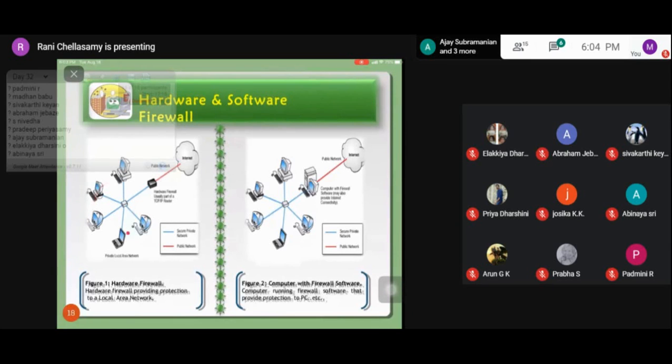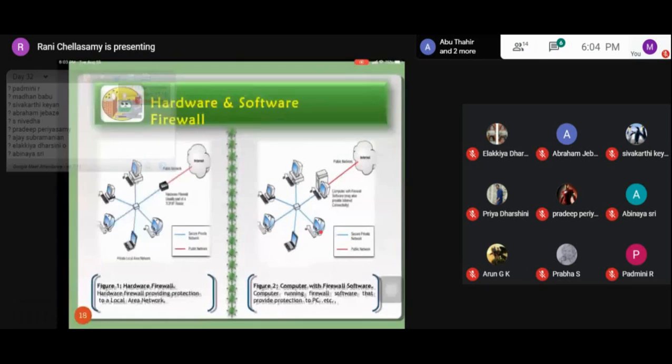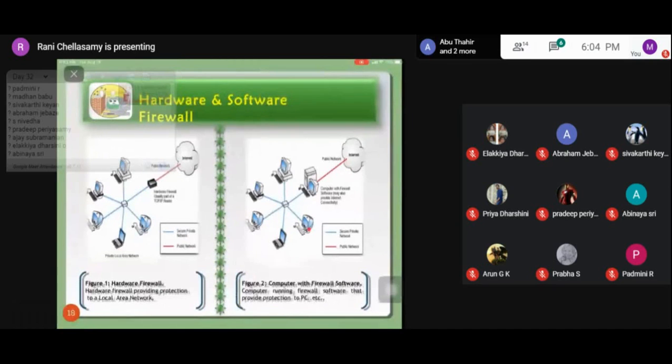Coming on to the software firewall. This is all a local area network, and every machine or individual computer has been installed with the software firewall. Like any software that you are going to use, you need to go through an installation process.